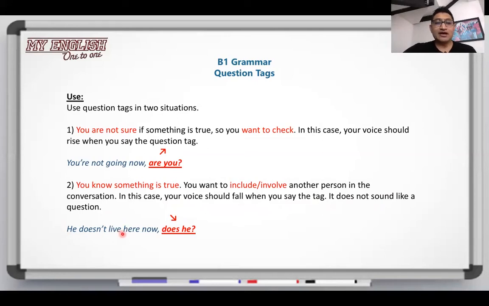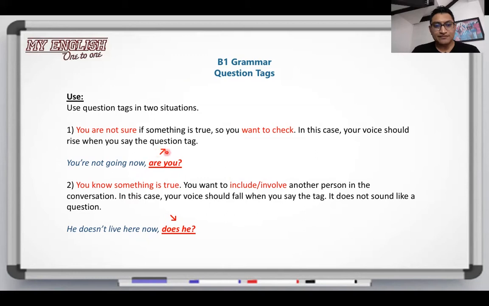So basically, you have these tag questions, which are questions that you say at the end of a sentence, not necessarily to get information, but more to create a conversation. And here you have examples like, are you versus does he?